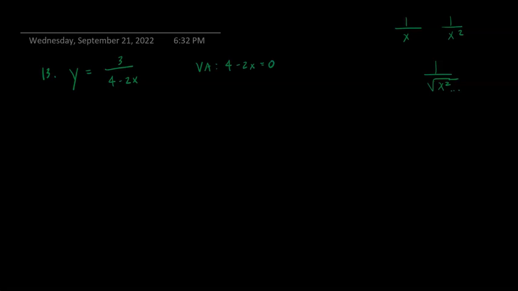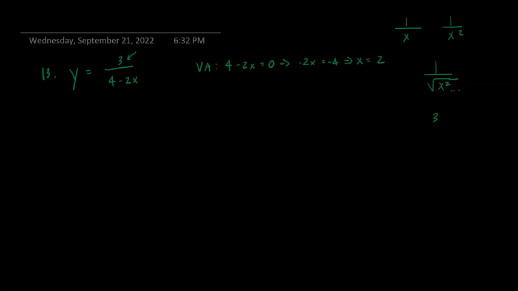Once we do that, that implies negative 2x equals negative 4. So that implies that x equals 2. And then we see that there's a constant on the top. Remember, if we have a constant, it could be any kind of constant, it means that it's actually x to the 0, which is 1.